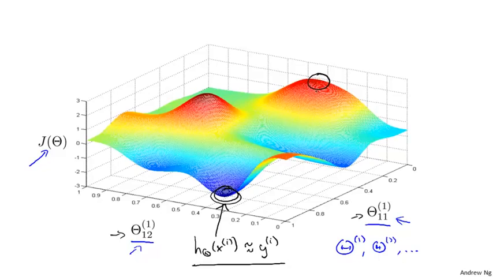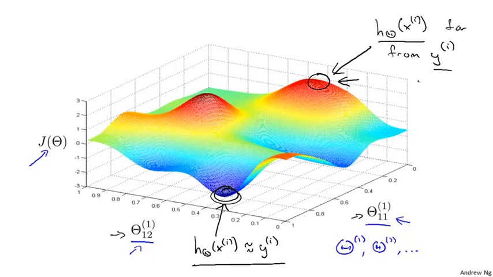Whereas in contrast, a point like that corresponds to where for many training examples, the output of my neural network is far from the actual value y_i that was observed in the training set. So points like this on the right correspond to where the neural network is outputting values on the training set that are far from y_i, so it's not fitting the training set well, whereas points with low values of the cost function correspond to where the neural network happens to be fitting my training set well, because this is what's needed to be true in order for J of theta to be small.